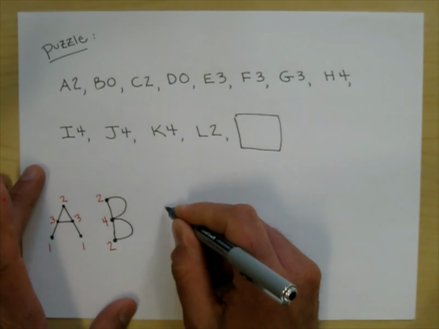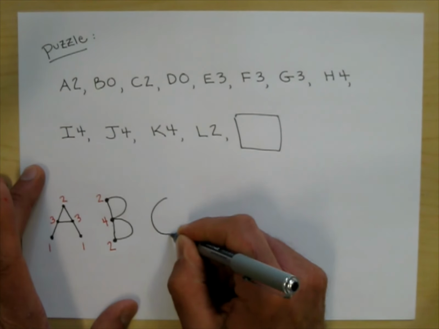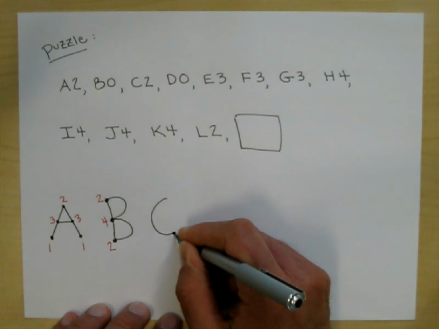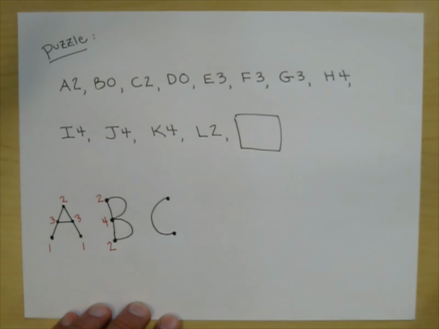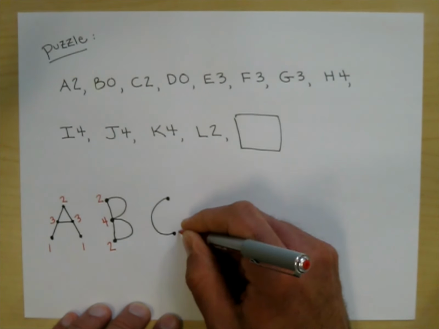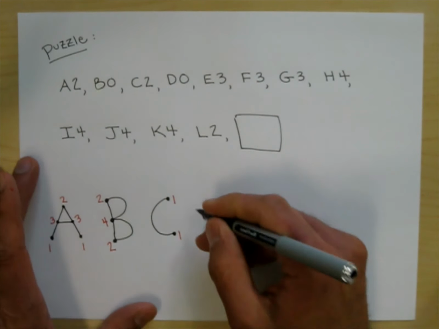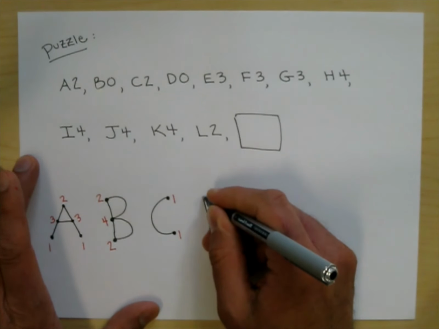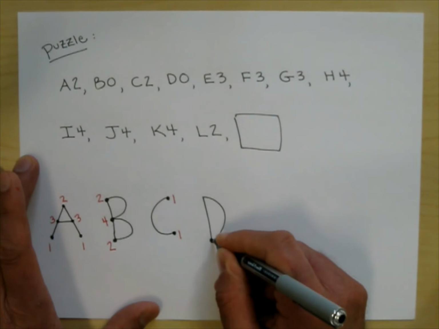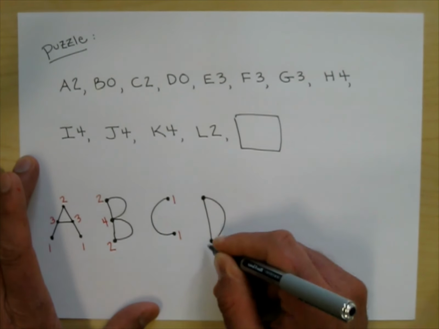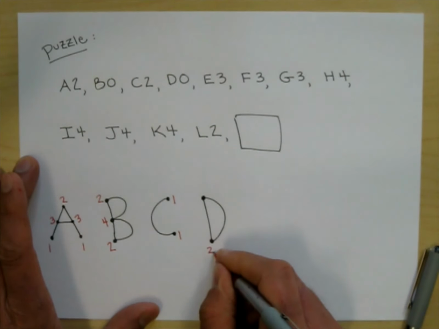And then C, well, we do have a vertex there and a vertex there. So this one gets a 1 and a 1. So this one gets a 2 and a 2.